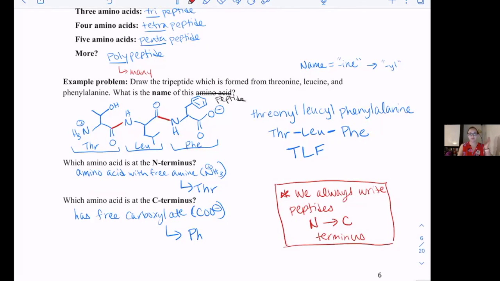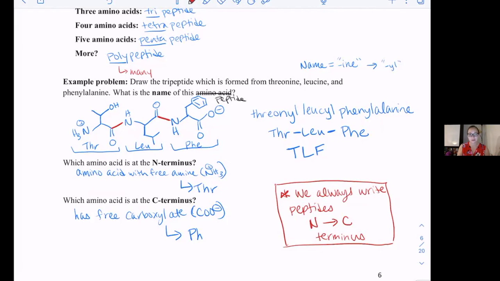So every time we write it, N-terminus starts out, read it like a book, and then you end with the C-terminus. This is so that everything is fully the same whenever people talk about peptide sequences. It is common and universally known that your first one is going to be that free amine side. The last one will have that carboxylate. If you swap them and do them backwards, then it's not the same protein.